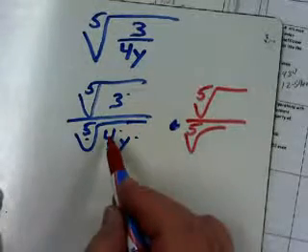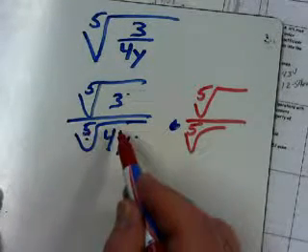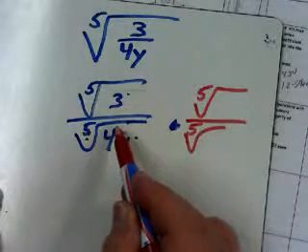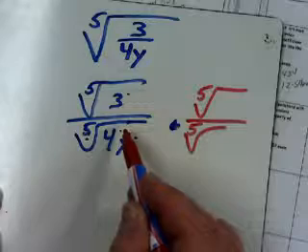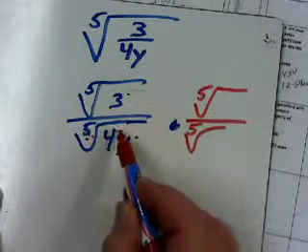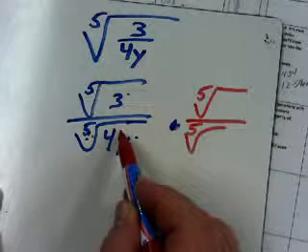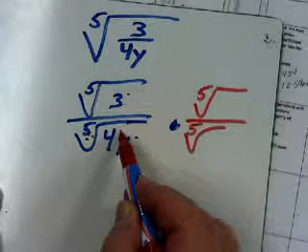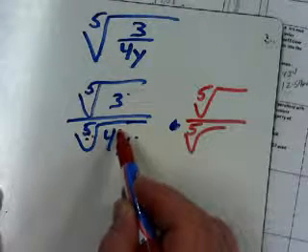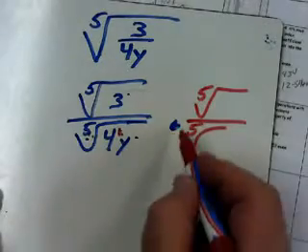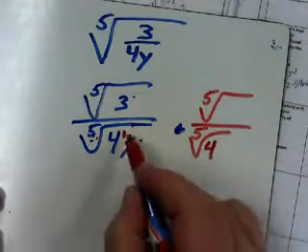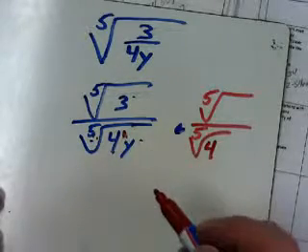If I was to take this index into an exponent here, what would the smallest exponent have to be in order to get me a division? Well, if this index is 5, wouldn't the smallest one have to be 5 here? Does that make sense? Well, if this exponent is 1 right now, what exponent on the 4 would I need out here to get this up to a 5? 4 to the 4th.